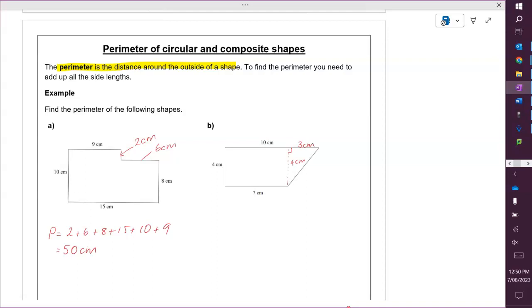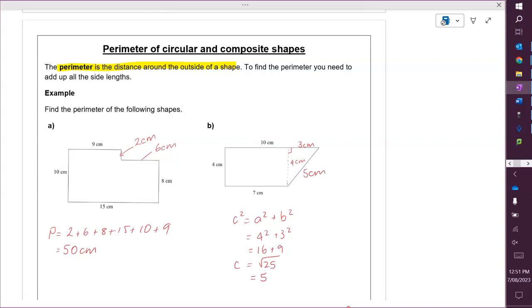Now those of us who are quite familiar with our Pythagoras would be able to determine that this side is then going to be 5 centimetres, but if it wasn't as clear as this, we would then have to use Pythagoras' theorem in order to find that missing side. So if I put that in, I would have 4 squared plus 3 squared, which is 16 plus 9. So I need to find the square root of 25, which gives me 5.